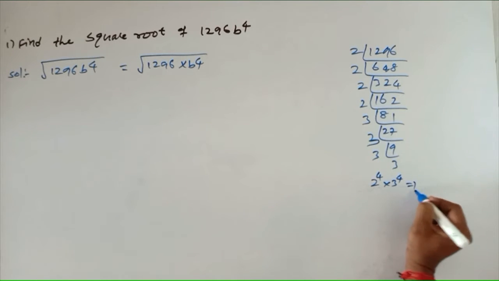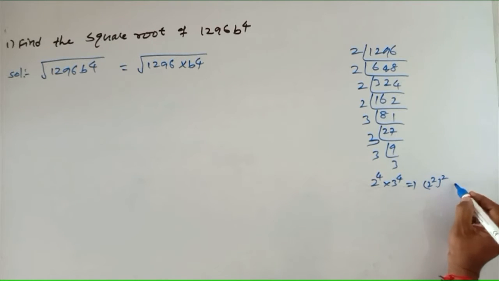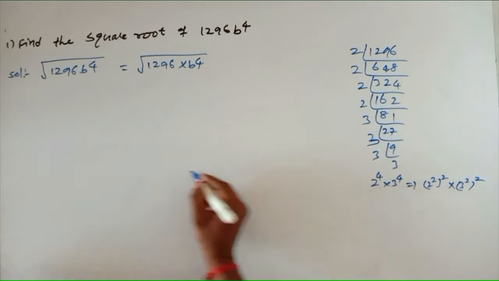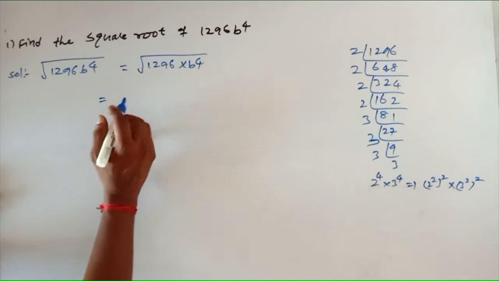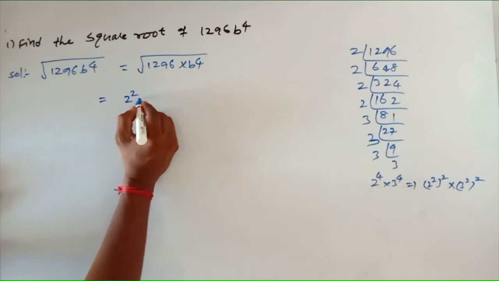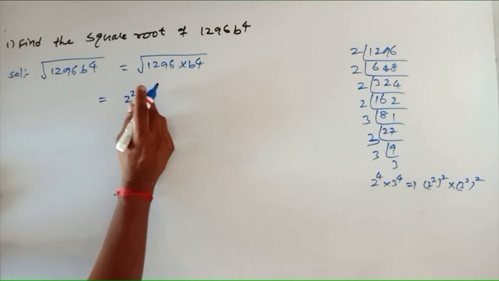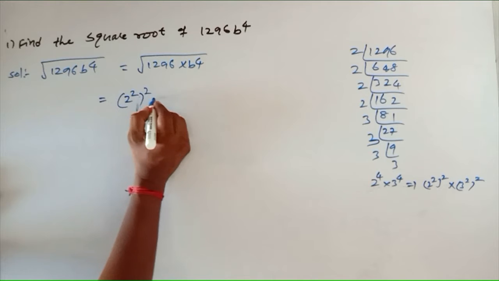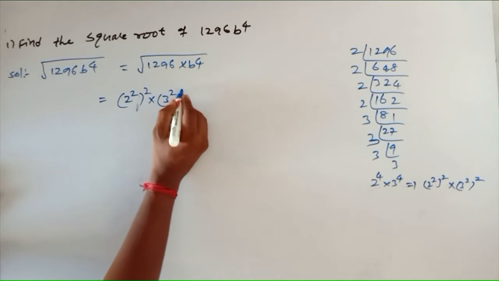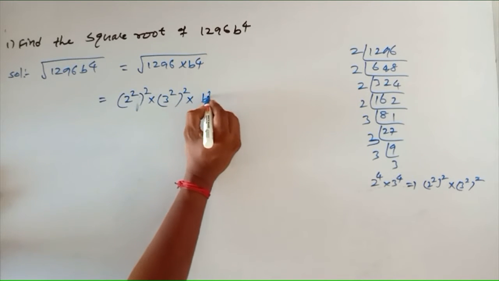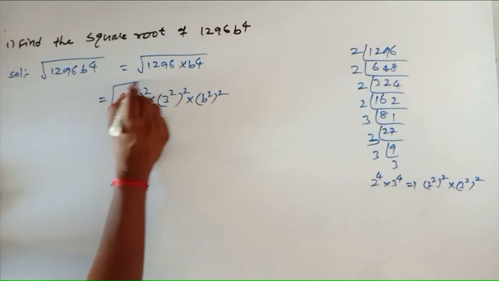Now this 2 to the power of 4 I am expanding into 2 square whole square, into 3 square whole square, and the same way b to the power of 4 also. So 1296 is equal to 2 square whole square into 3 square whole square into b power 4, also writing the same way, under root.